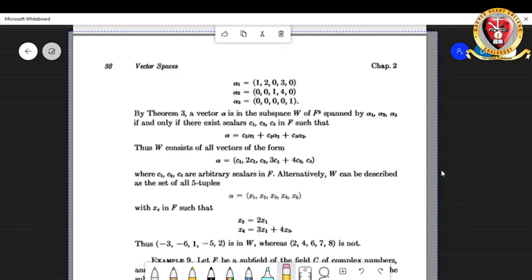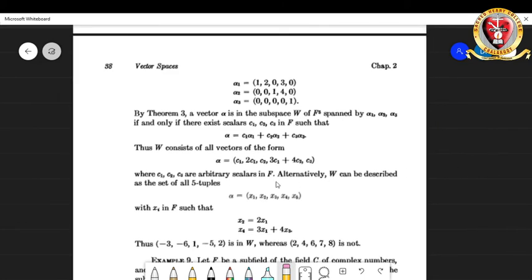Now, W can be described as the set of all 5-tuples like this. We are just rewriting it as alpha equals the 5-tuple (x1, x2, x3, x4, x5). If c1 is here, this is 2c1; c2 is here, and the fourth one is 3c1 plus 4c2, and this is c3, the third constant.